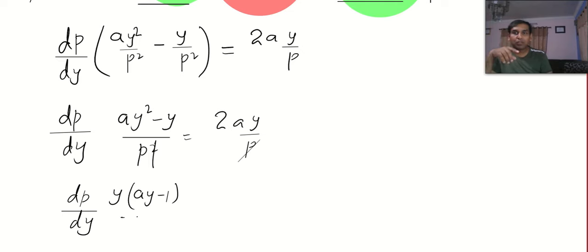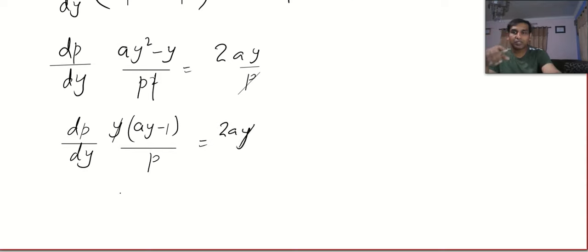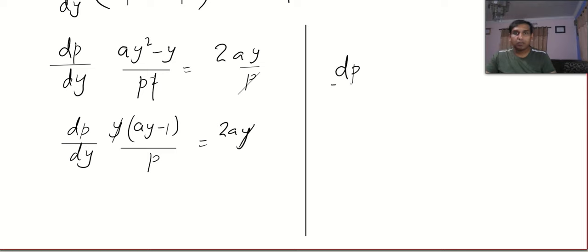ay minus 1 by p is equal to 2ay. So this y also gets cancelled. Now I'll show you in 1 second how it is variable separable. Look, this is going to become dp by p.